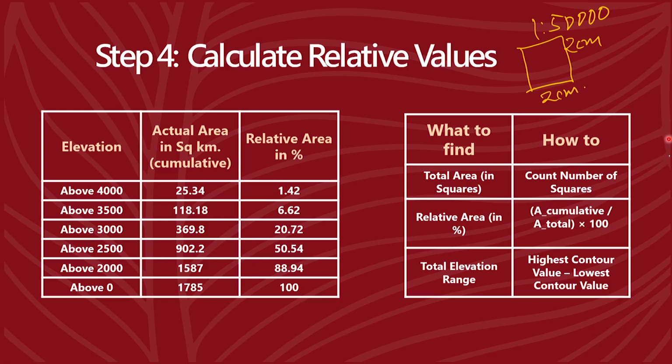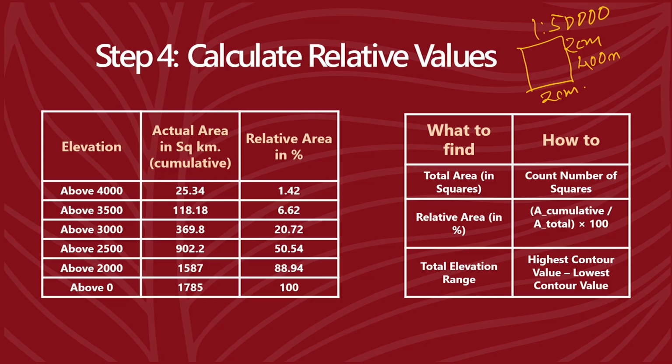In this scenario, inside of these 2 centimeter side square, we have 400 smaller squares. So, when you are estimating the value, you count the number of squares and employ your math according to the scale that you have.